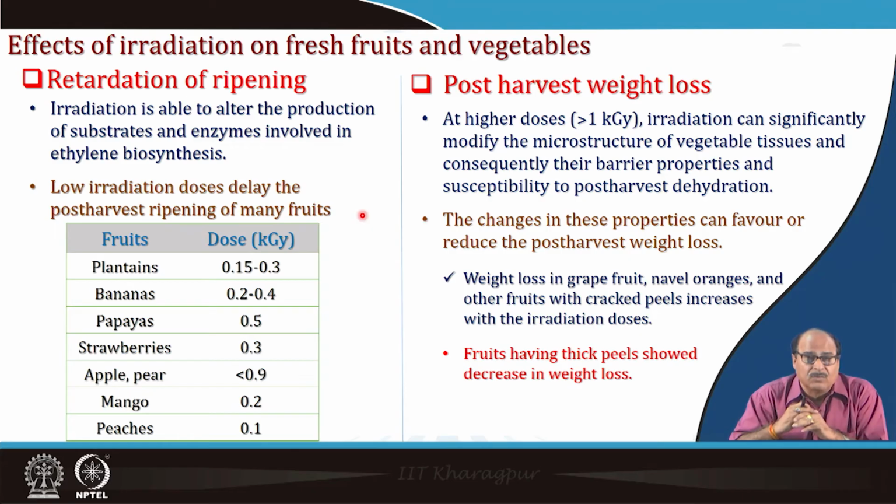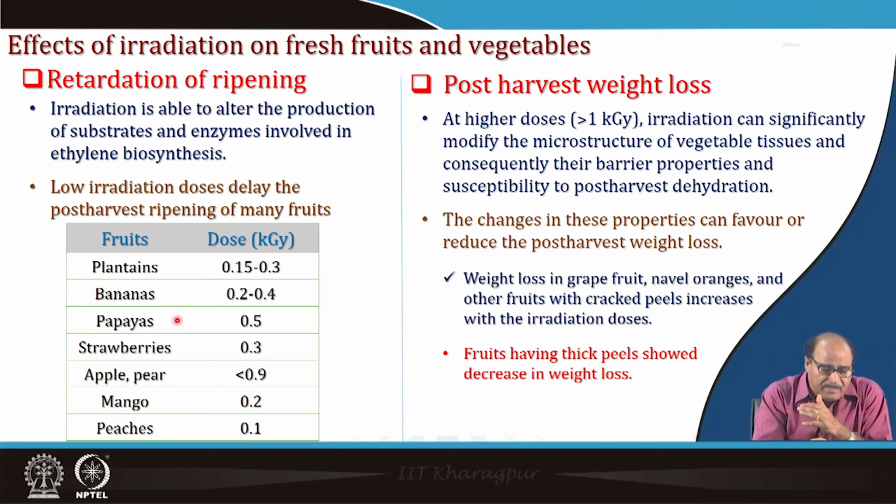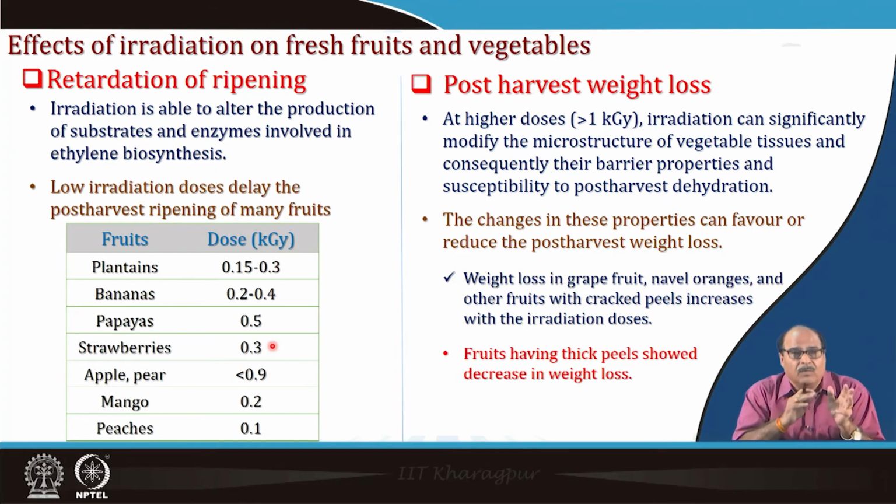So, low irradiation doses delay the post harvest ripening of many fruits. For banana, 0.2 to 0.4 kilogray is sufficient. In apple and pear, less than 0.9 kilogray, and mango less than 0.2 kilogray. So, these are the doses which will reduce the ripening rate.